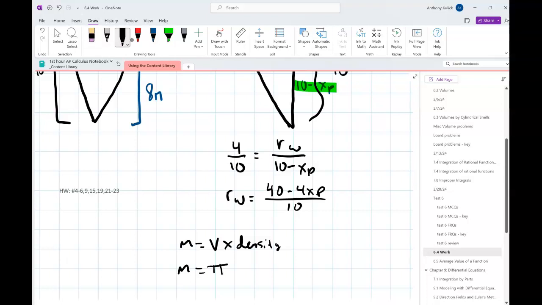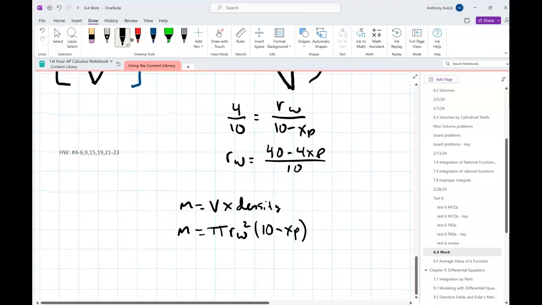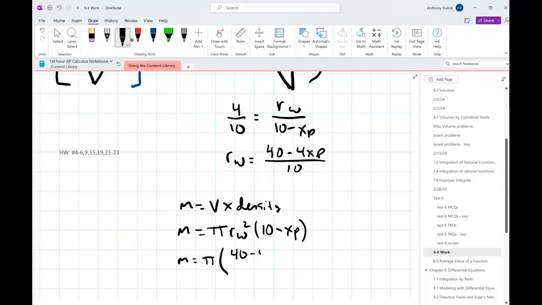pi Rw squared times the height of the water, right? Now I'm going to substitute in for what Rw is. So far, so good.